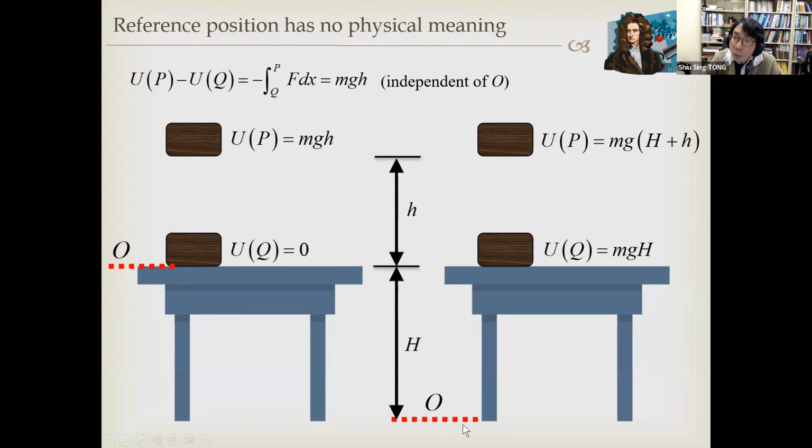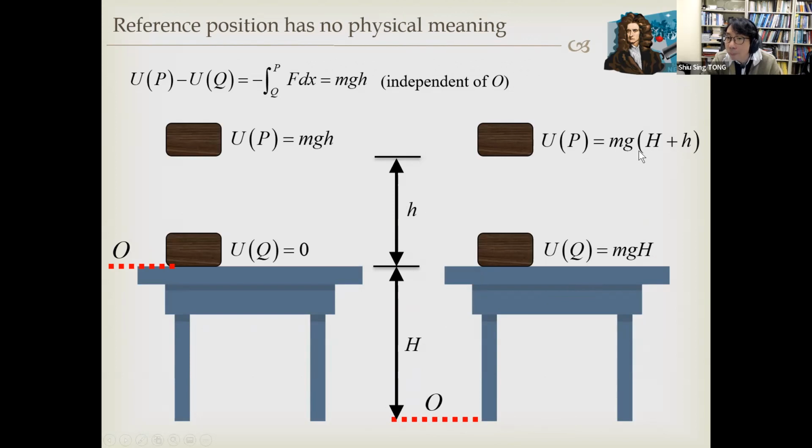Now, suppose I study the same problem, but I take the reference position not on the surface of the table, but on the ground. I suppose this level is the 0 level of the potential energy, the ground level. So if the table surface is a height of capital H above the ground, initially the block does have an energy of mgH. But after I raise it, it now measures a height of big H plus small h above the ground.